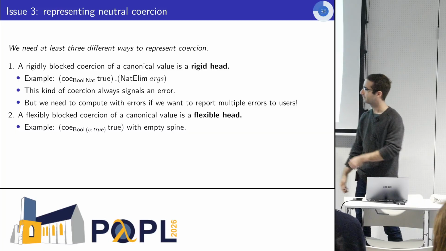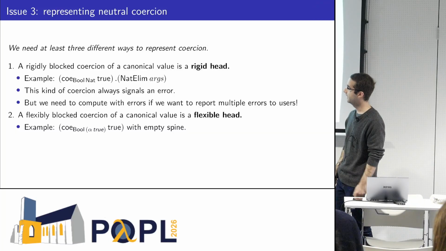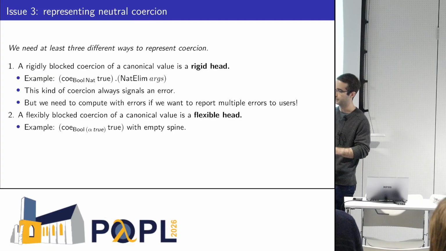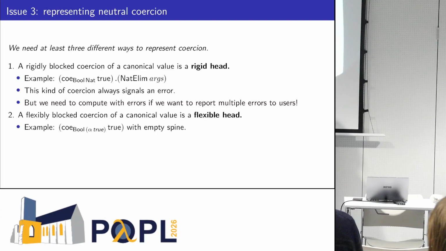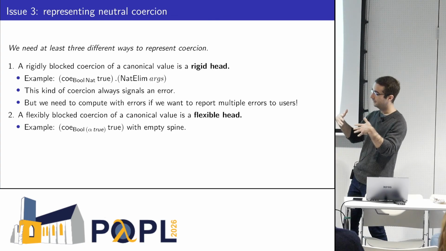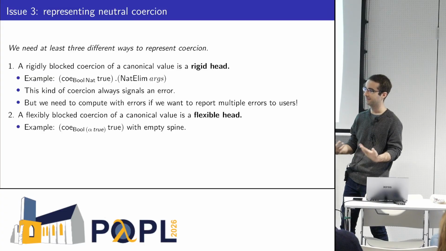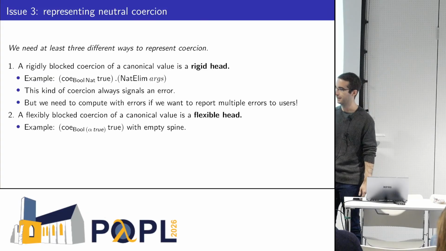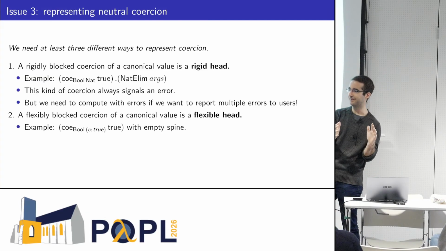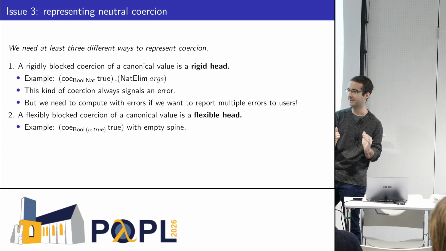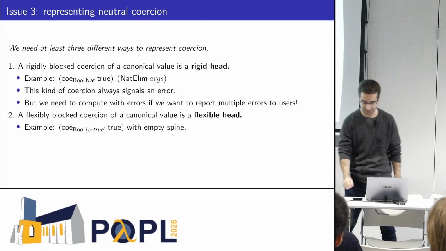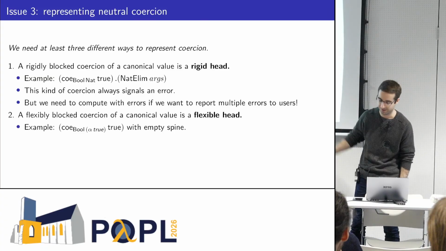The second thing is that we still have a coercion of a canonical value, but now this is not actually impossible. Now we have some equation between bool and some metavariable expression. And we also need to represent this because we want to do efficient head forcing with these values. We need to be able to detect that there is a coercion in the head which could be reduced to a canonical value if we had some new metavariable solution. So this is needed for efficiency.